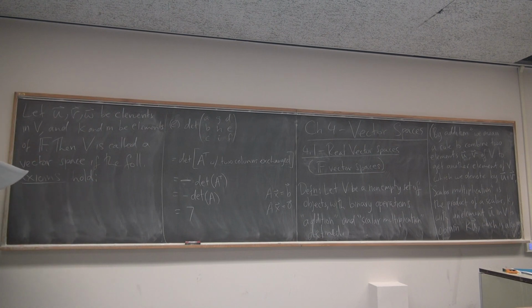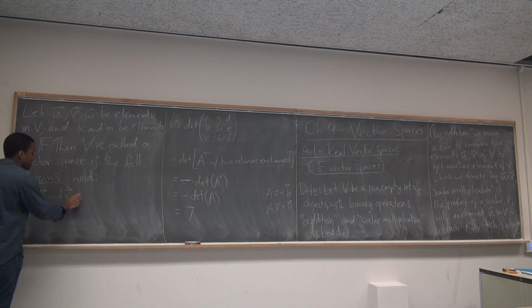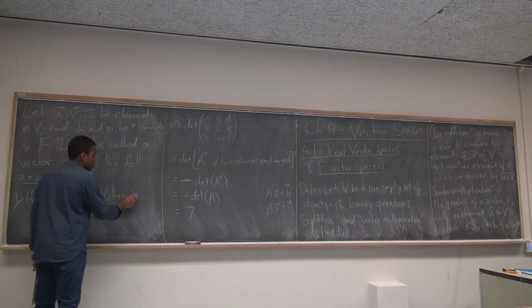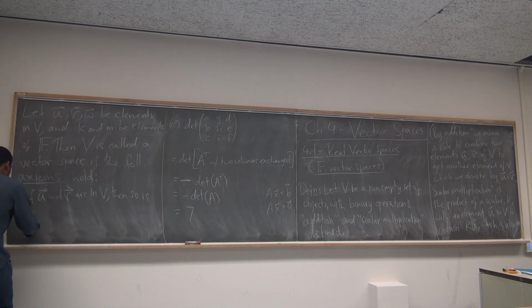There's a list of 10 things that we're going to look for to determine if something is a vector space. Number 1: if U and V are in V, then so is U plus V, right? So whenever I combine two elements with my addition, I get another element that's in V. This is called closure under addition.